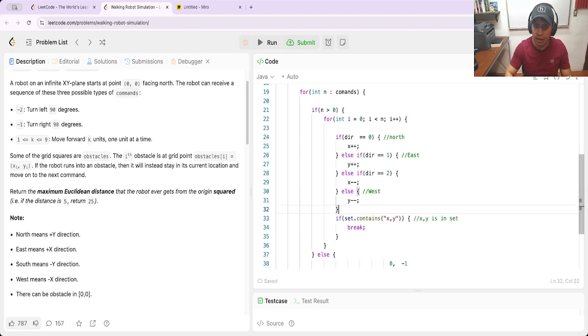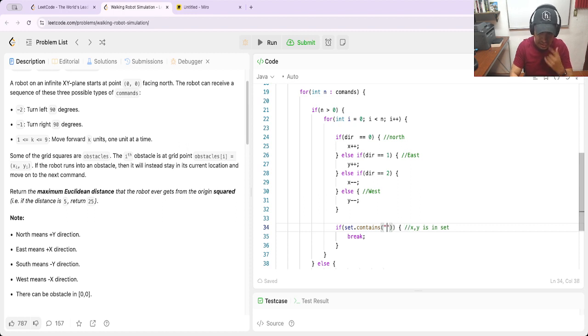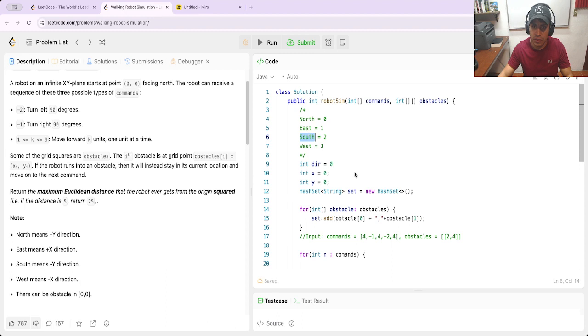Okay, and basically here is only create this string and say x plus this plus y, and if it's contained, only break, because you should stop here, but it's necessary the south.